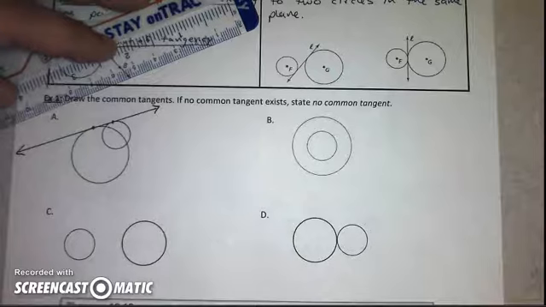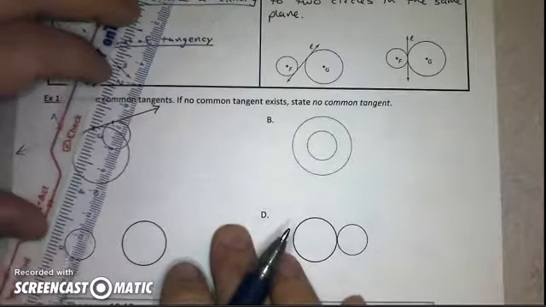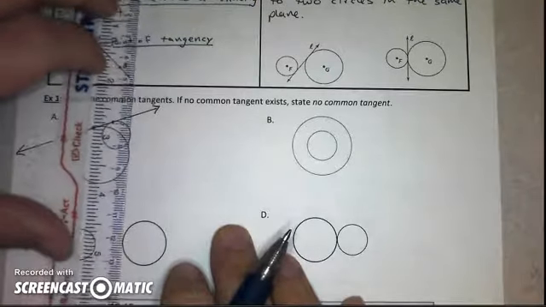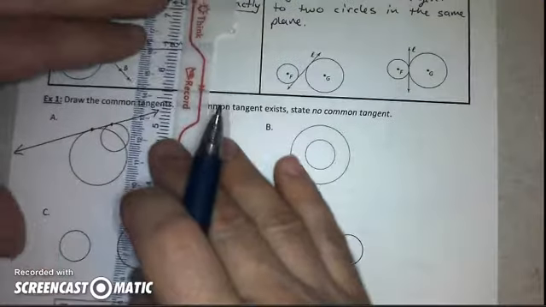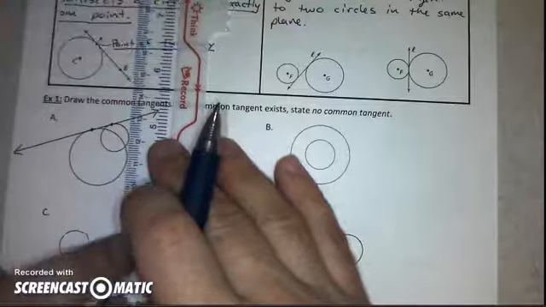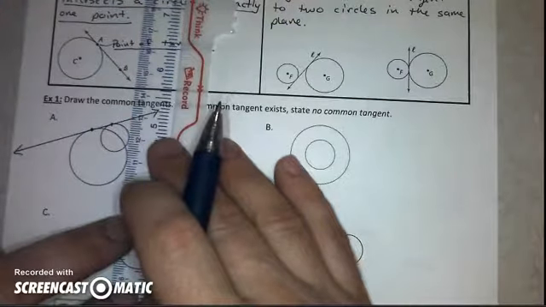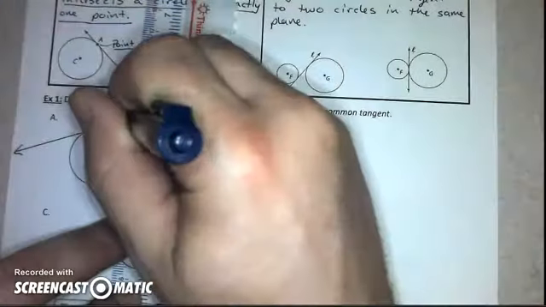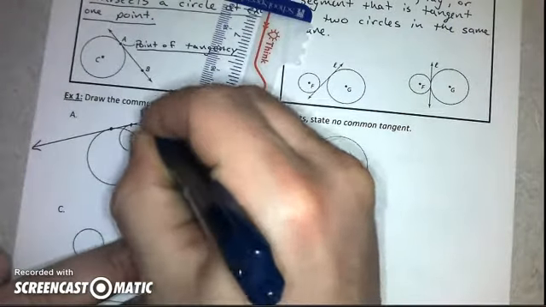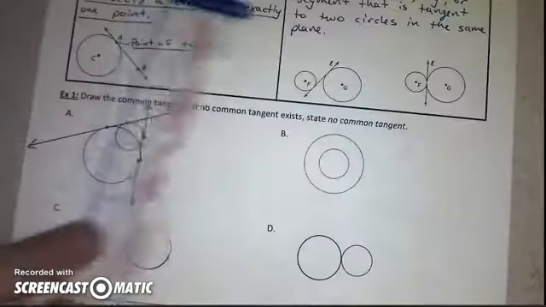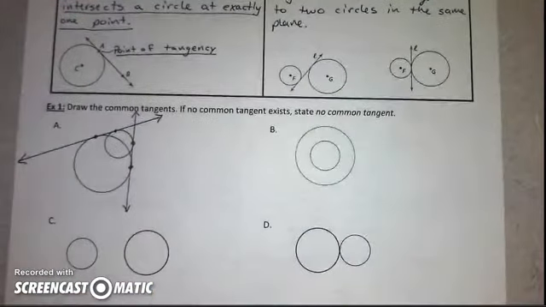So there's a common tangent, but we also could go to the other side and get another common tangent. Okay, let's turn it the other way around. Might help you see it better. We're going to connect these two circles with that tangent, lining it up so that they just touch. Okay, so there's another tangent line to both circles. Common tangents could look like that.